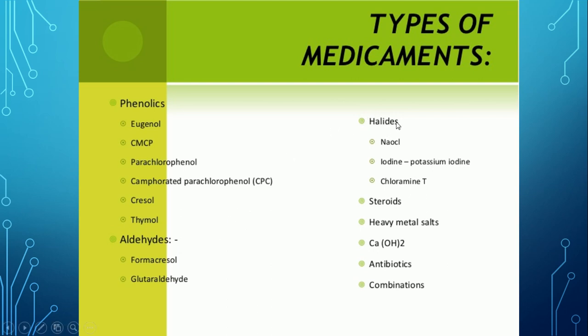Next type of medicaments is halides, which include sodium hypochlorite, iodine, potassium iodide, and chloramine T solutions. Other types of medicaments are steroids, heavy metal salts, calcium hydroxide, antibiotics, and a combination of antibiotics and steroids.